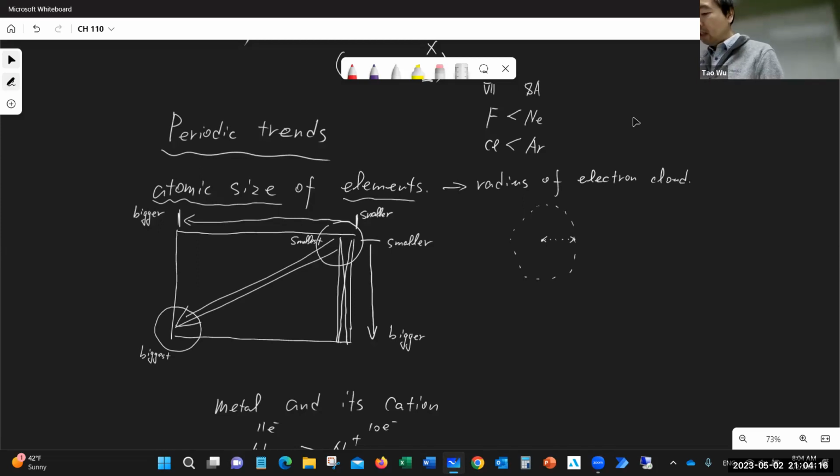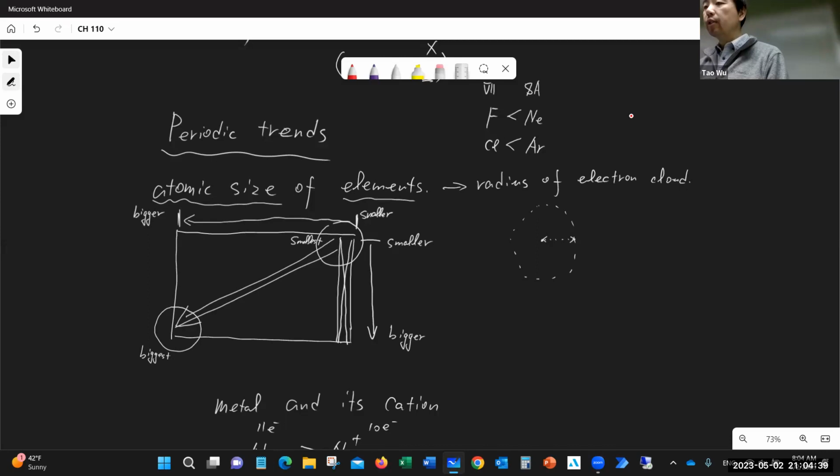And once again, the atomic size is talking about the size of the electron cloud, where we have the cloud, the electrons on the outside. It's not talking about the size inside of the nucleus.